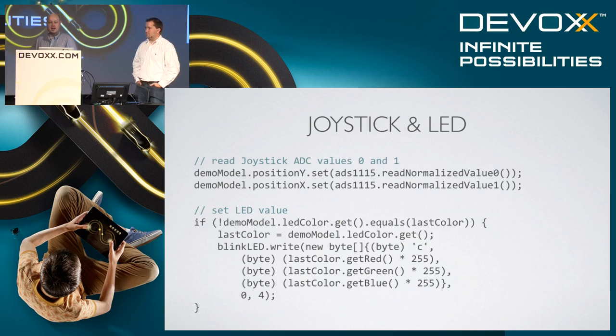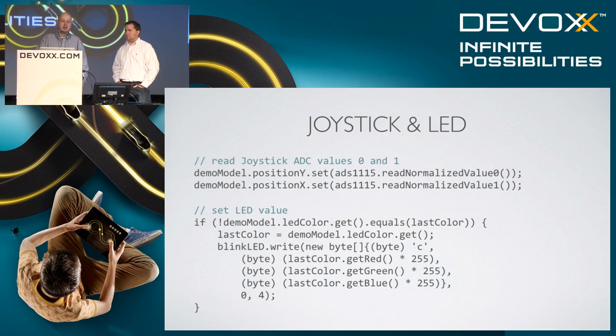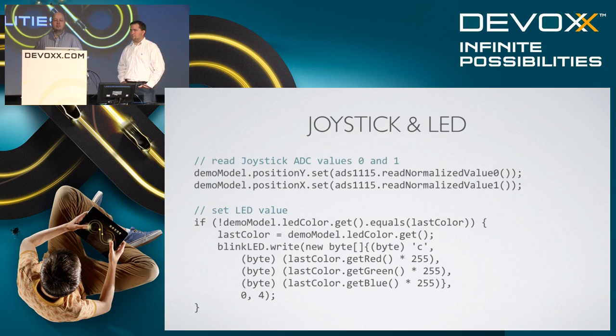The second one we want to look at is how do we read the values from the joystick and how do we update the LED color. Reading the joystick is simple because it's exactly the same sort of set of code as we did for the temperature, but we encapsulated it into our analog to digital class. So it's again doing a bunch of reading and cleaning up of the values.